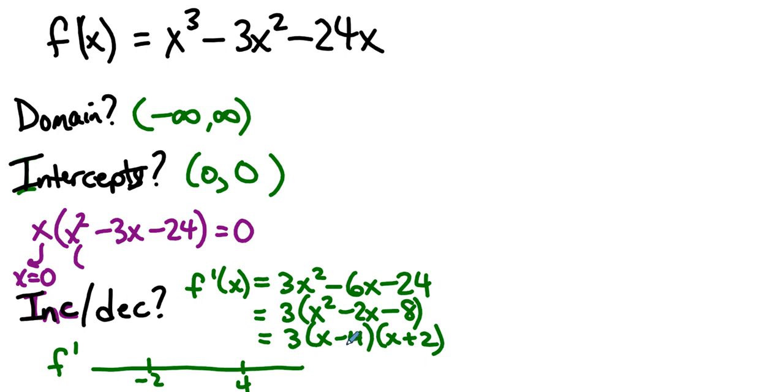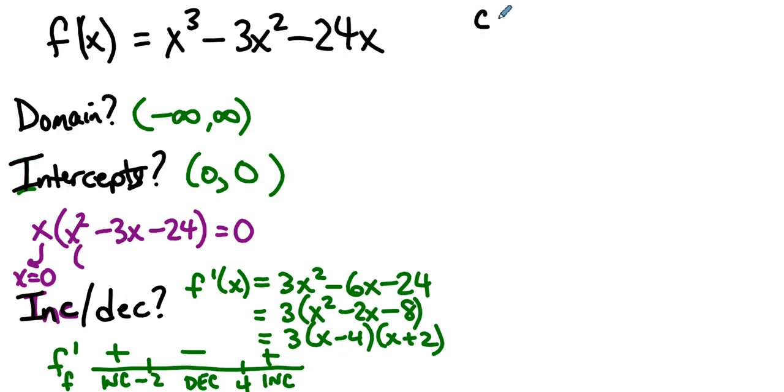And then using the tools we learned in class, either by substituting your favorite numbers or by looking at a picture of the derivative, we see that f prime goes positive, negative, and then positive again, which means that f is increasing from negative infinity to negative 2, decreasing from negative 2 to 4, and increasing from 4 on out.